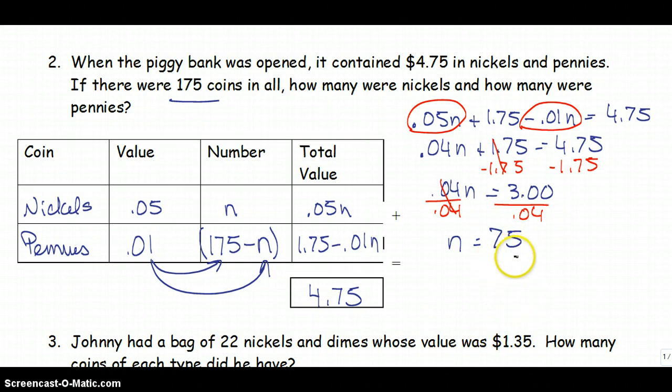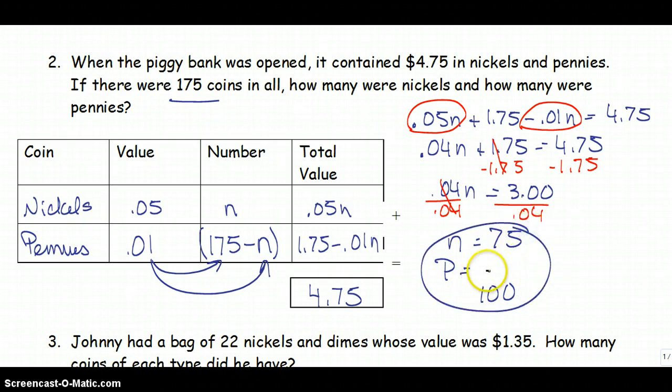Now if n is equal to 75, my number of pennies is 175 minus n. So my pennies, 175 minus n, which is 75. So I know that I have 100 pennies and 75 nickels.